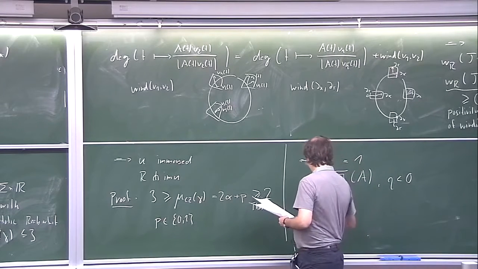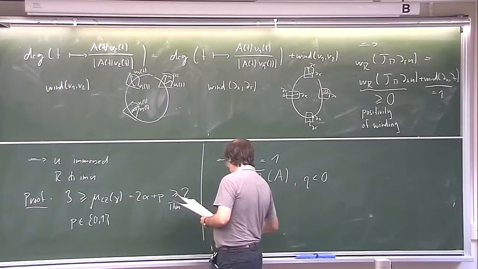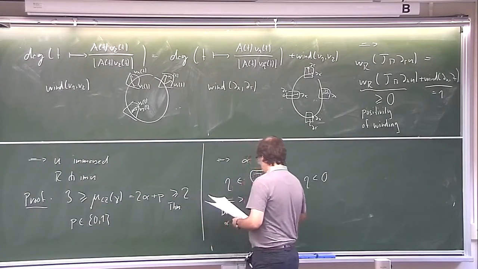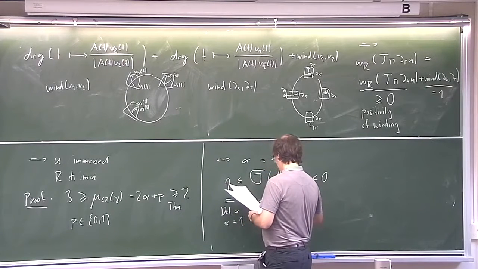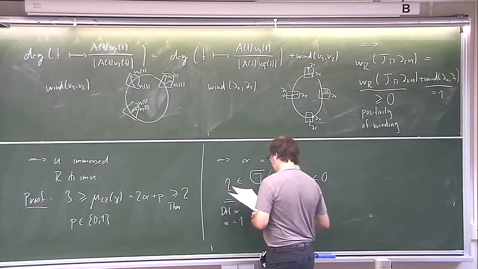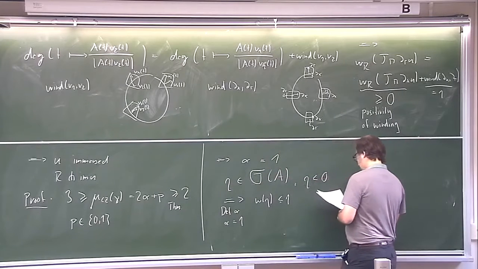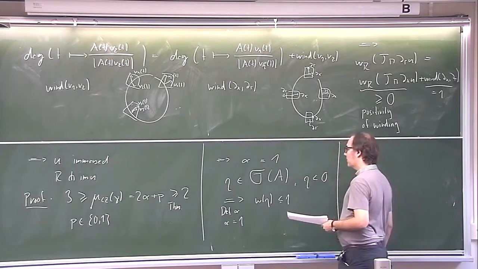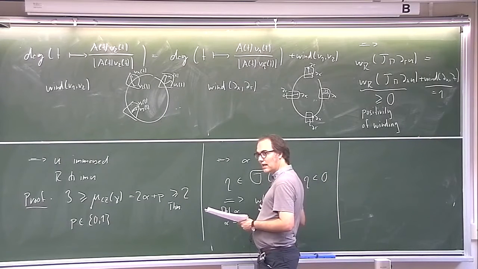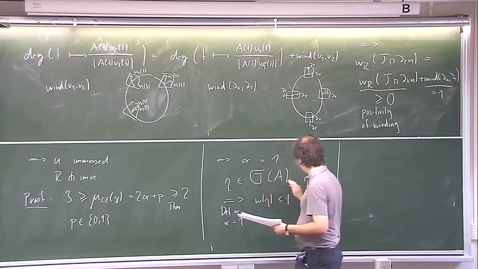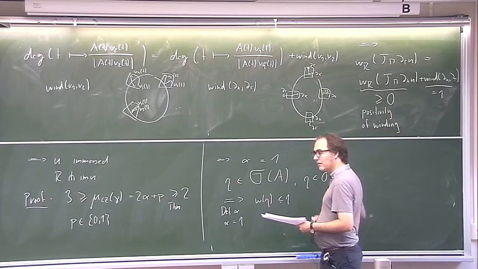Then by definition of alpha, because alpha is 1, we have the winding number of eta is equal to 1. So that means the winding number of the asymptotic eigenvalue is less than or equal to 1. The asymptotic eigenvalue is always negative.